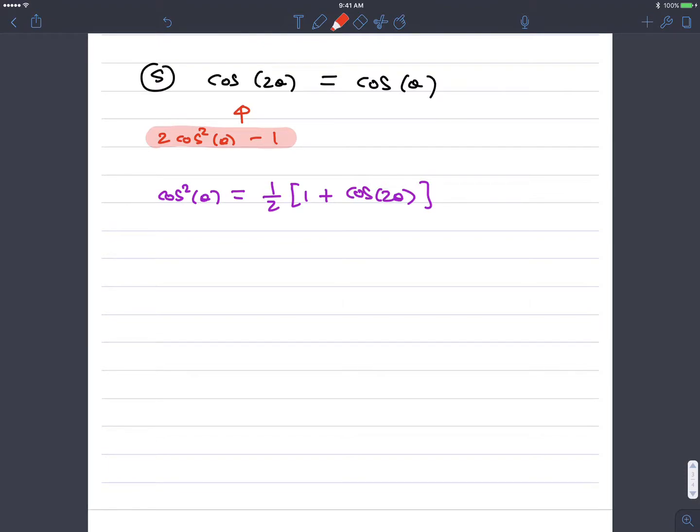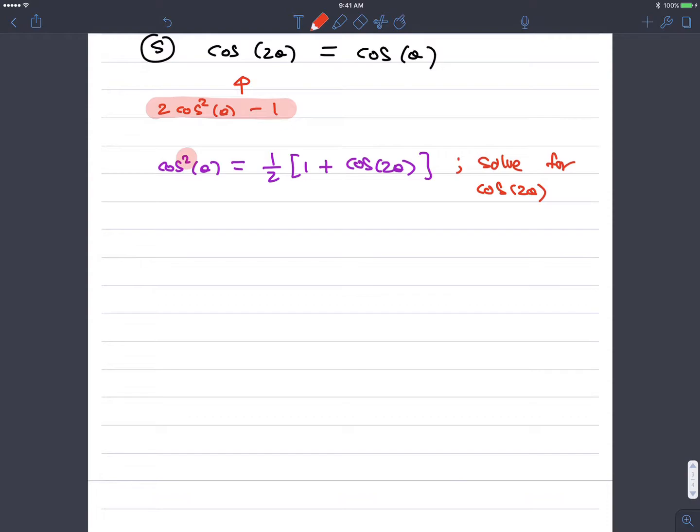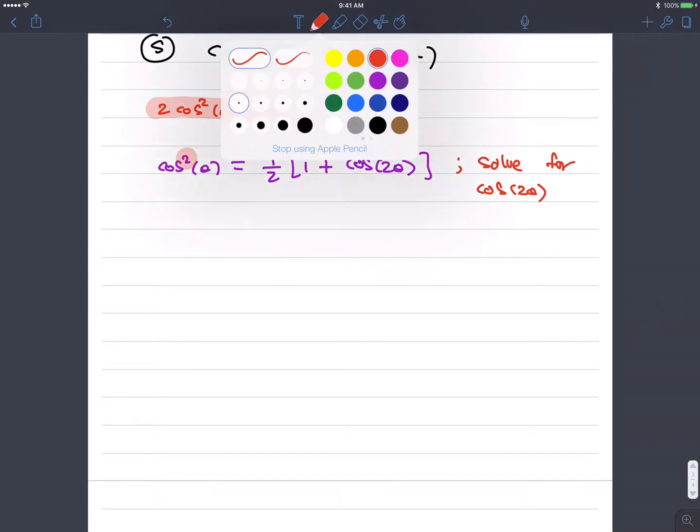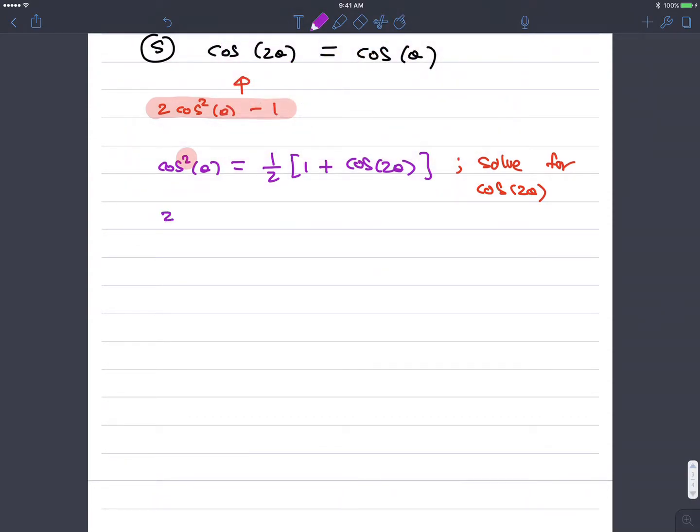Well, it came from your reducing power identity, right? Remember this? You had that in the test. Cosine squared theta is 1/2 times 1 plus cosine 2 theta. Well, I'll just use some algebra now and simply solve for cosine 2 theta. Notice you're going to multiply both sides by 2, so you get 2 cosine squared theta.